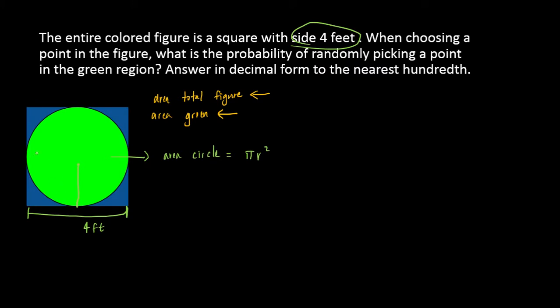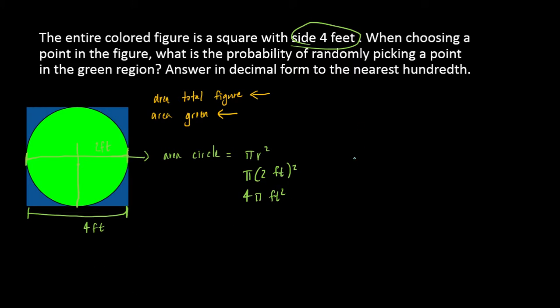So if that's 4 feet, then this diameter must also be 4 feet. And if I cut it in half, I get 2 feet. So my area, 2 feet squared. So the area of my circle is 4 pi feet squared.